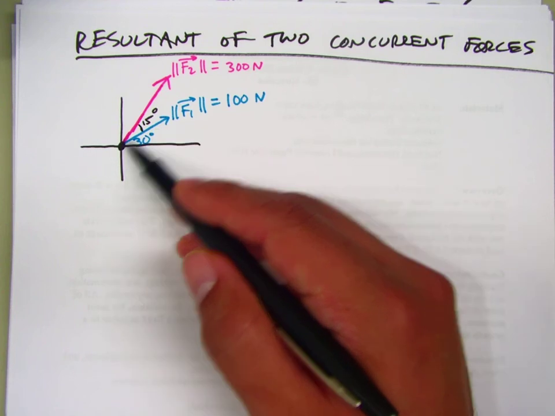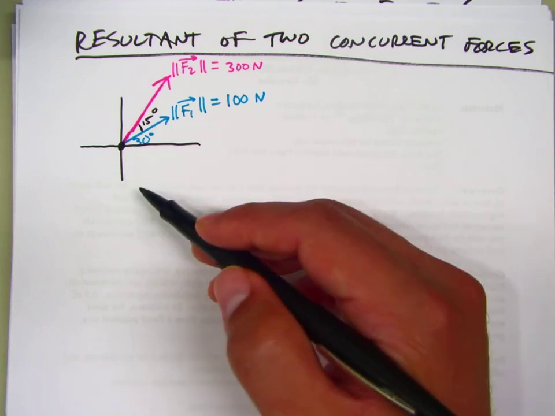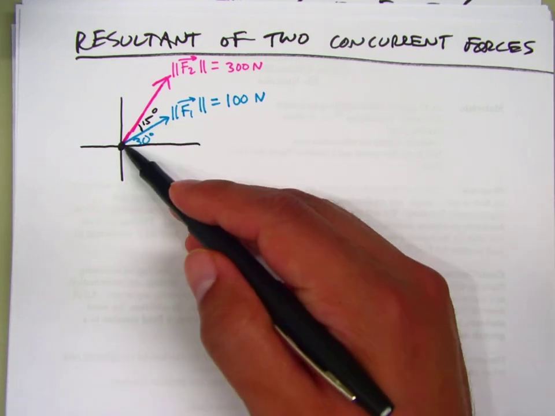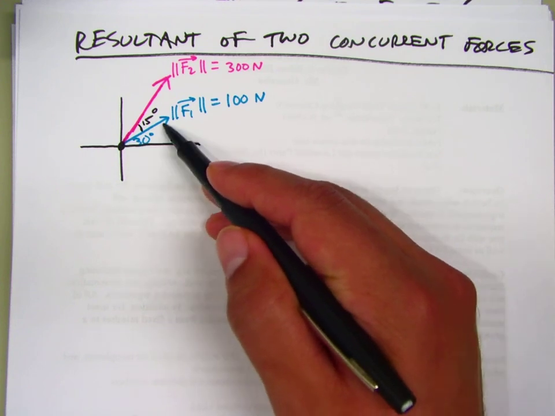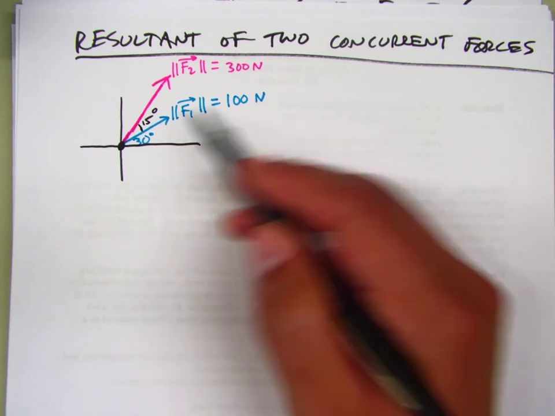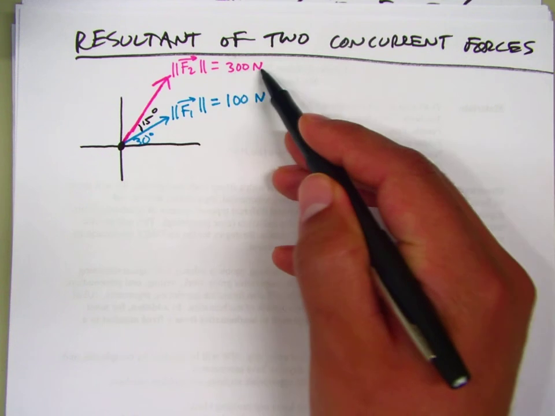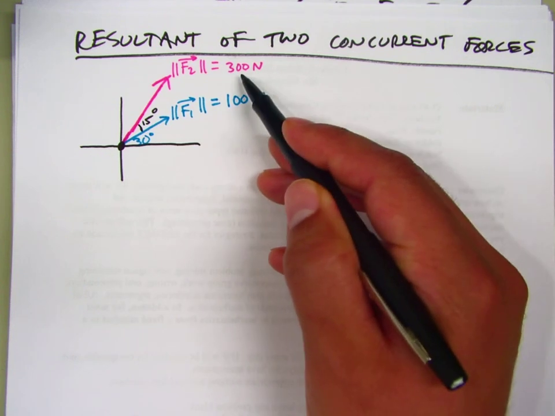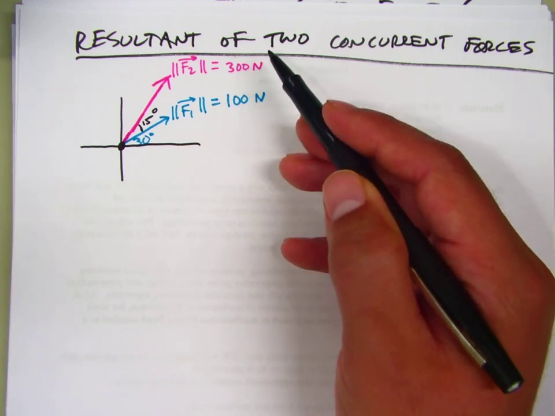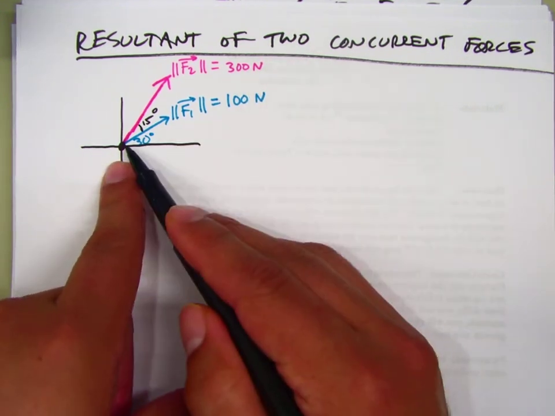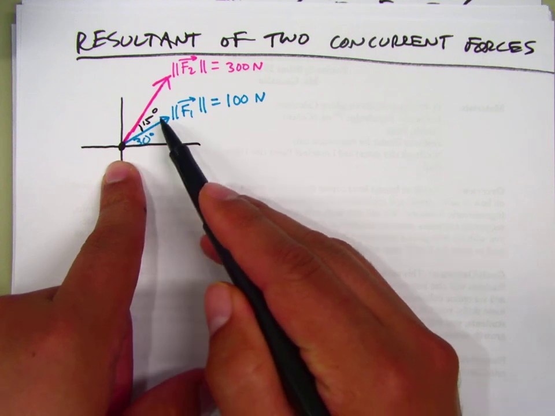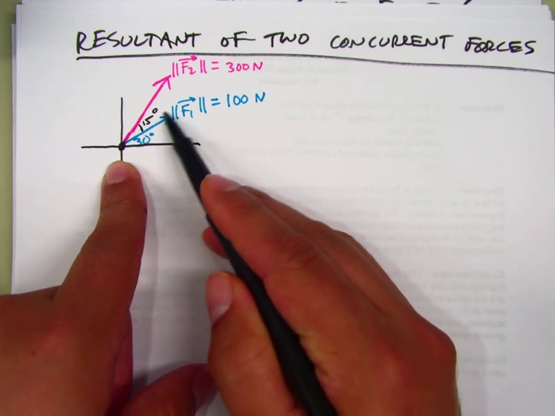There's two forces acting on it, F1, F2. So imagine maybe this is a box and you got one force pushing it that direction with that magnitude and another one pushing it that way with that direction, magnitude of 300, okay? I think you guys can see that the overall motion is going to be something in between these two.